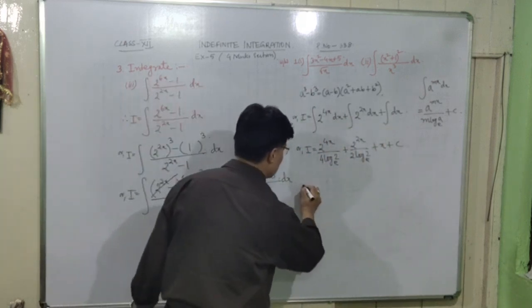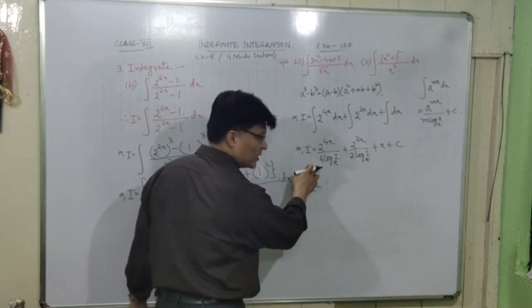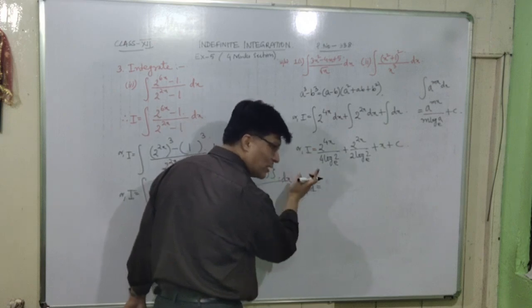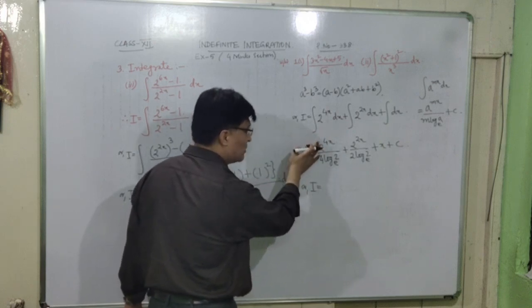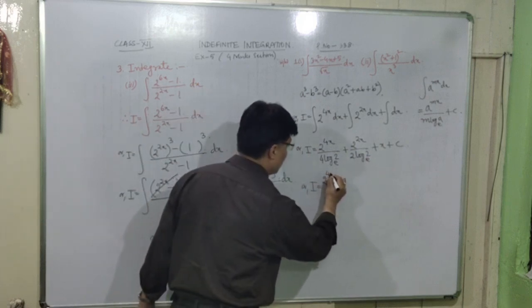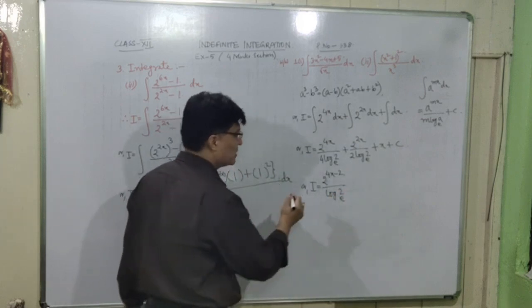So let us simplify it. Or I is equal to, now since this 4 is 2 square, isn't it? This 4 is 2 square. When it goes up in the numerator, you can simplify it with 2 to the power 4x. So it will be 2 to the power 4x minus 2 divided by log 2 base e, right?